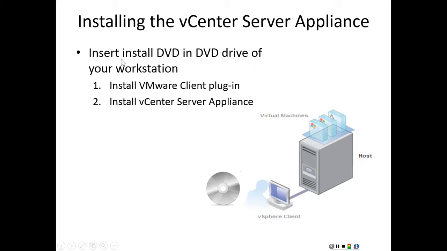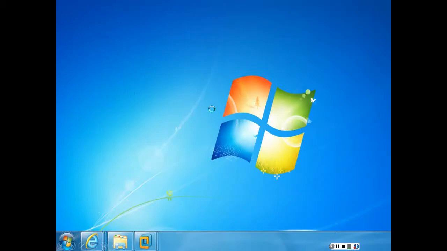Now let's install the vCenter Server Appliance. You take the install DVD and you put it in the drive of your workstation, not of the ESXi host, of your workstation. And then you first install the VMware client plugin, which is required, and then you install the vCenter Server Appliance.